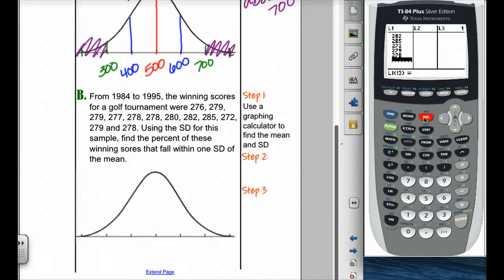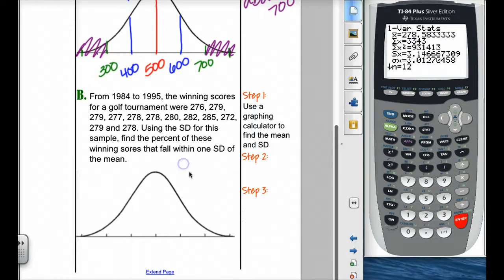Now, remember, once we've got that, we need to then go back to stat, go over to calculate, one variable stats. Remember, we need to hit that enter twice. And we see that our mean is equal to 278.6, and that the standard deviation is equal to approximately 3. And so if we look at this, we'll say 278.6 right here.